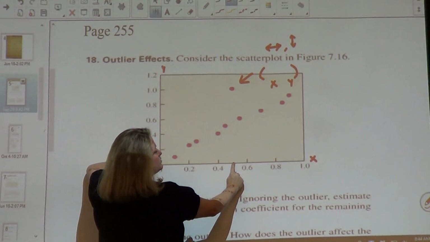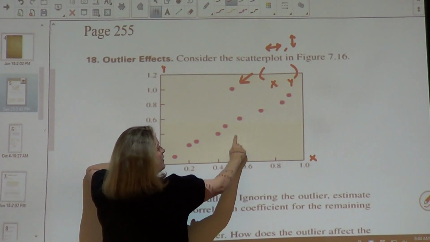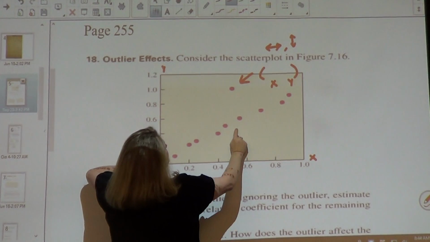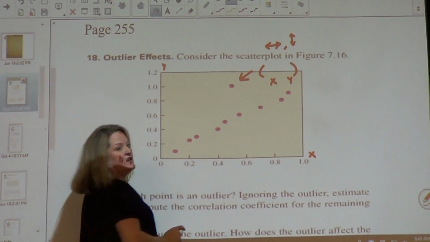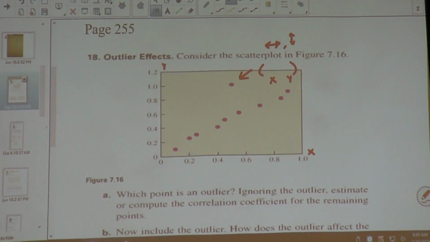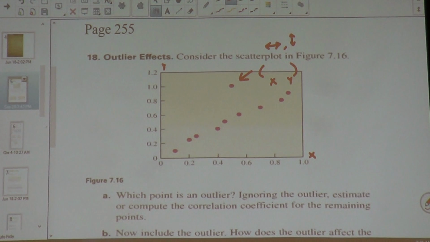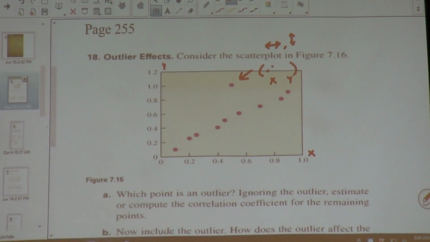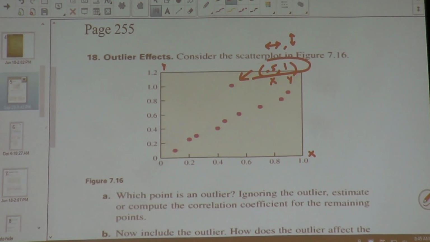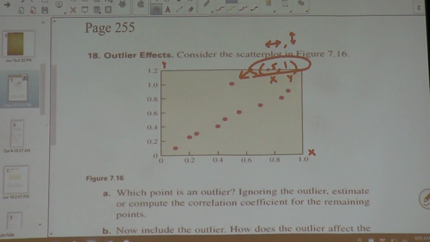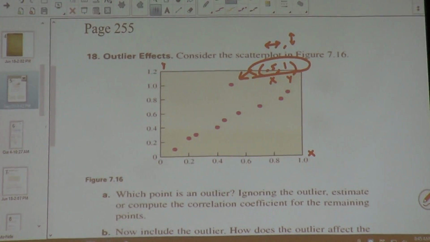So where would I be swinging on my x? 0.5. And then where would I go on my y? 1. So my ordered pair for that outlier is going to be 0.5, comma 1. That is the ordered pair for the outlier.